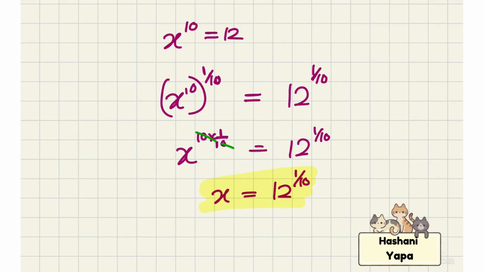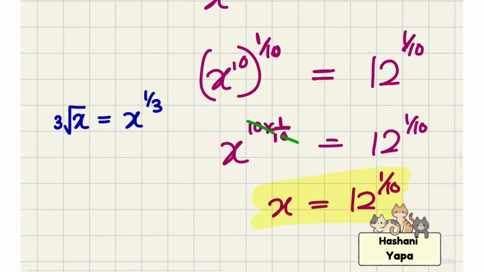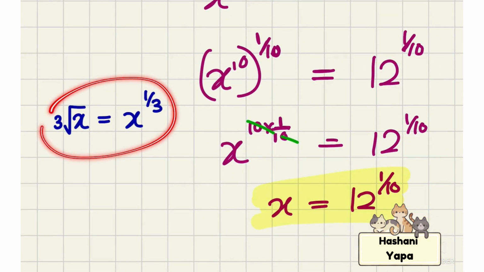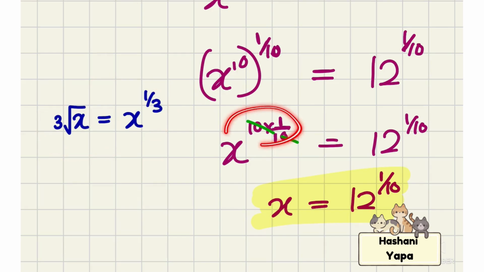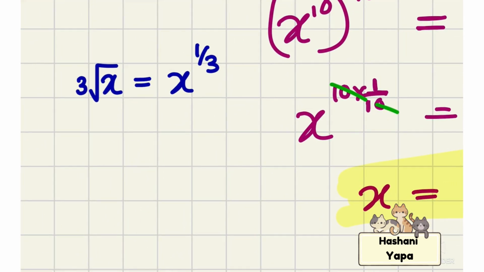Now, if you knew already that the cube root of x is equal to x to the power 1 over 3, then you wouldn't have to do these steps. I'm just giving this as an example. So if you knew this format, you wouldn't have to do these. You know that x to the power 10 is equal to 12. Now this is our question.